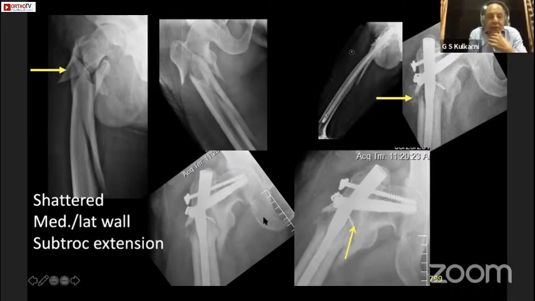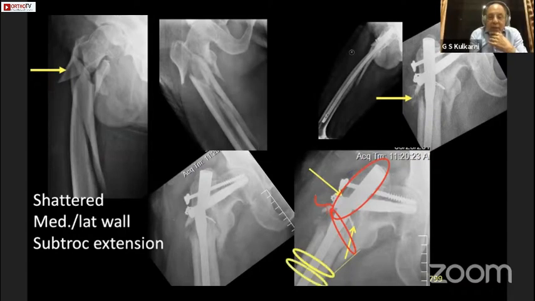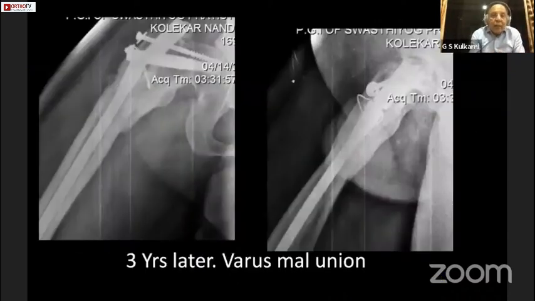This should have been treated either with double loops or better cerclage wires at two levels. But today we are treating such types of fractures with a nail and a plate, either laterally or anteriorly.